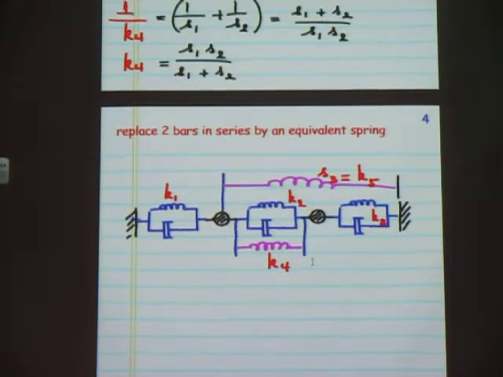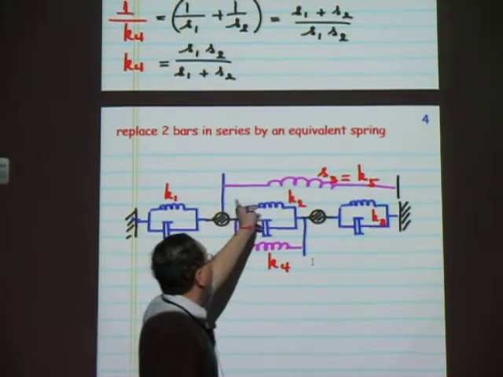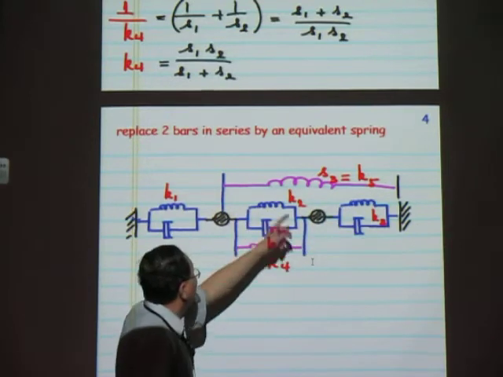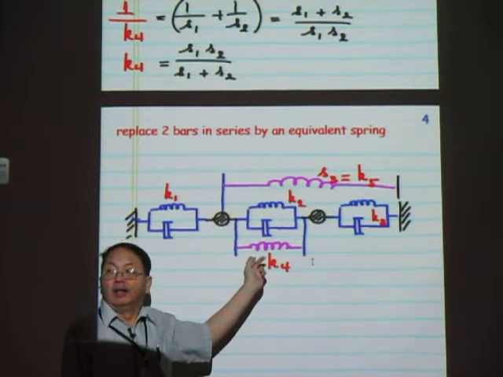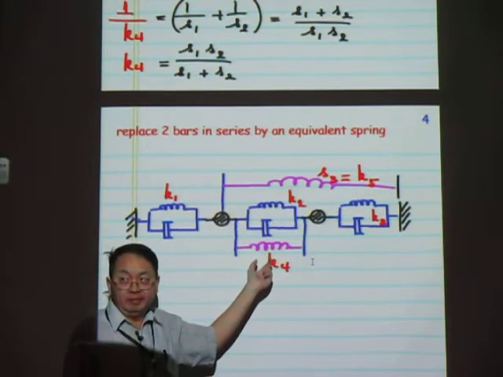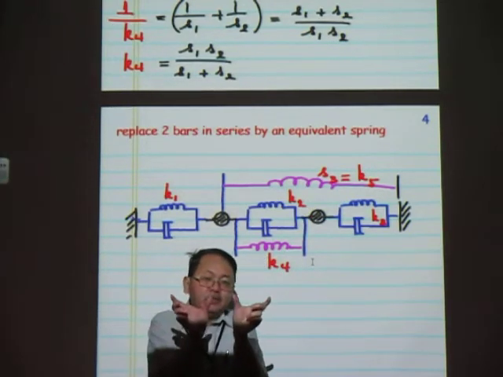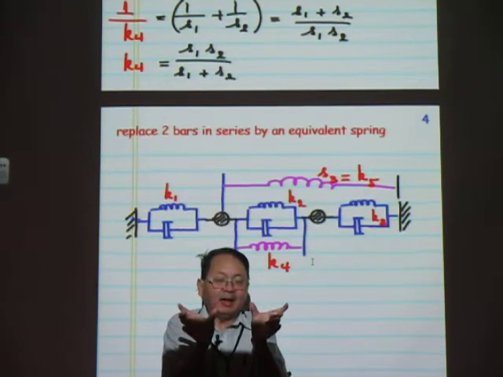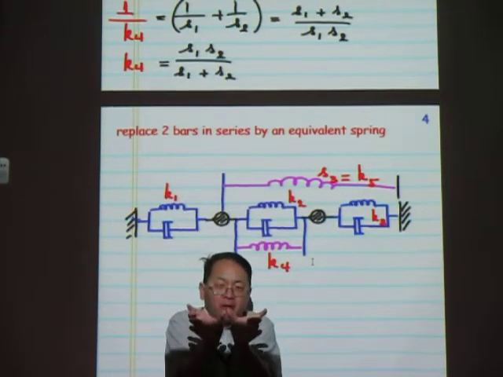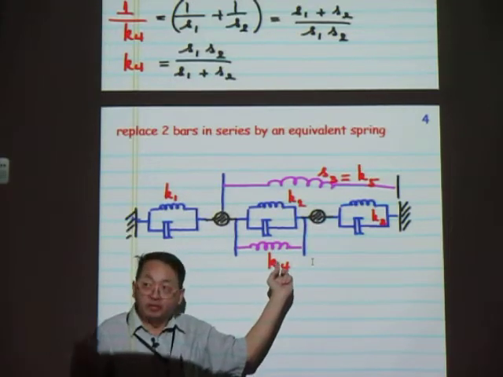So we essentially replace the continuous bar in element 5 by a spring, and 2 continuous bars in series by an equivalent spring. First, each continuous bar by an equivalent spring, and then 2 springs in parallel by yet another equivalent spring.